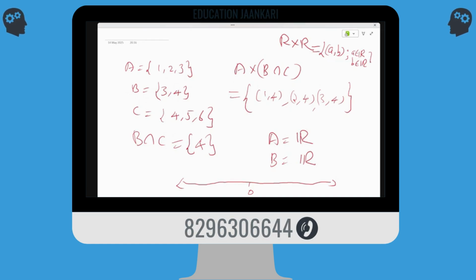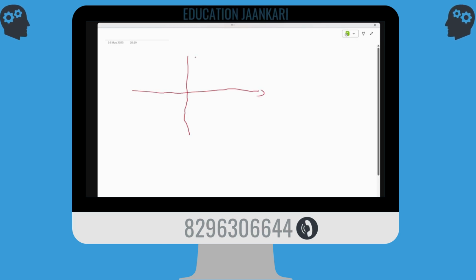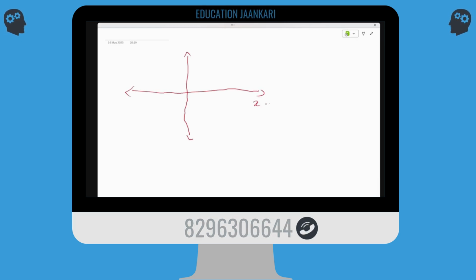Can you tell what is the geometrical idea of this one? R, you told, is a line. What is R cross R? See, this is the geometrical idea of R cross R. This is the x-axis, this is the y-axis.